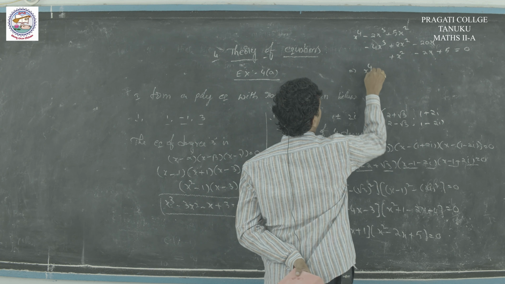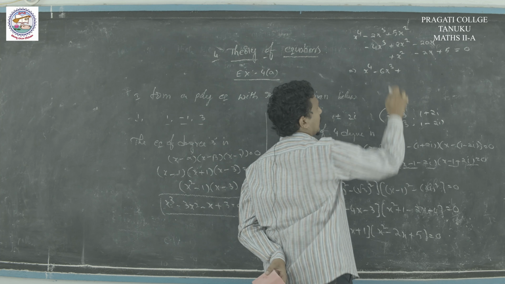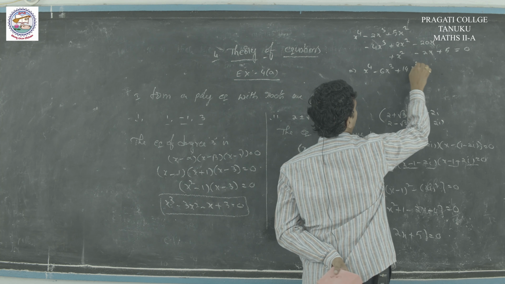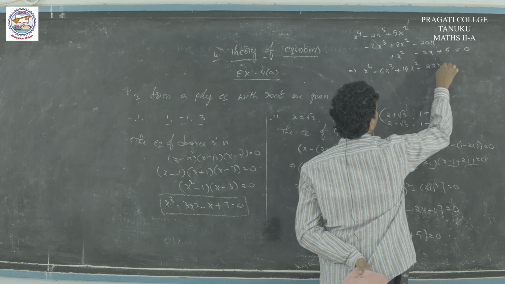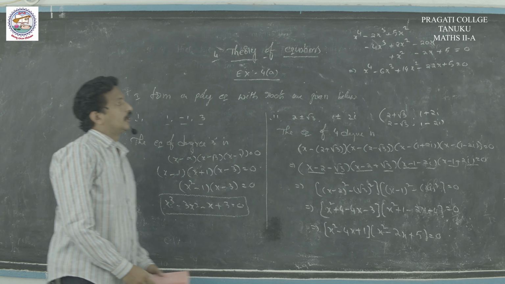This implies the equation is x power 4 minus 6x cube plus 8 plus 5 plus 1, that is 14x square, minus 22x plus 5 equal to 0. Therefore, it is a fourth degree equation.